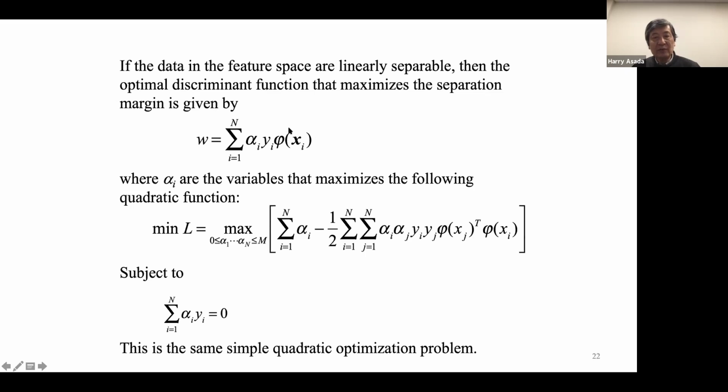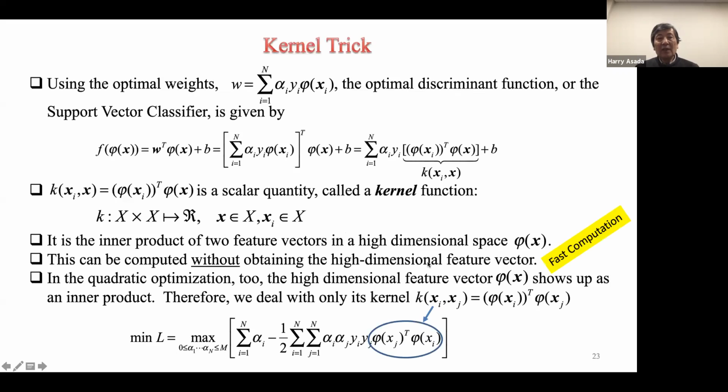This was originally xi, now replaced by phi of xi, with i going from 1 to n. We solve exactly the same type of quadratic optimization problem, subject to this constraint. The only difference is that x is now replaced by phi of x. Now this technique is called the kernel trick.